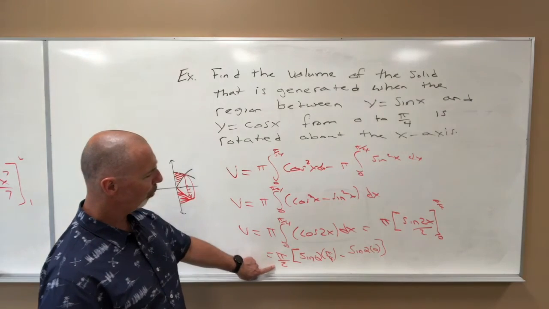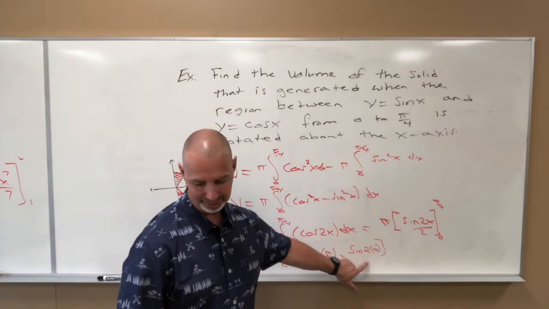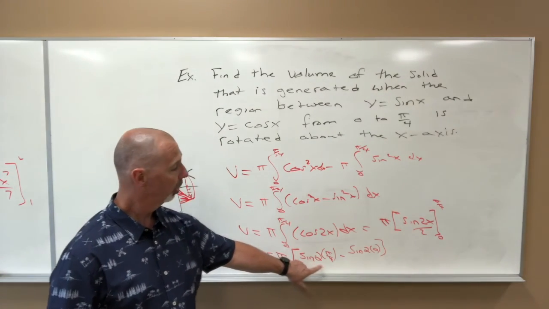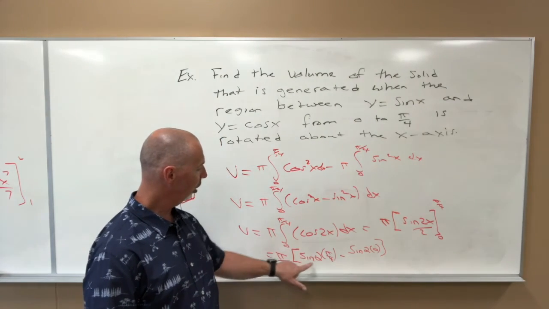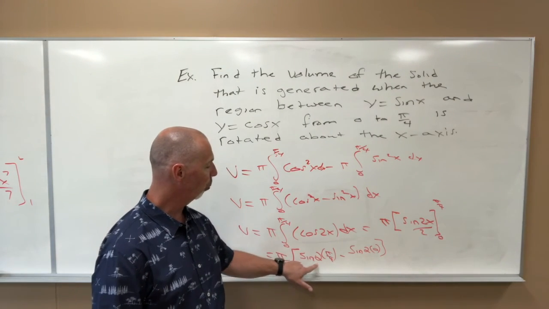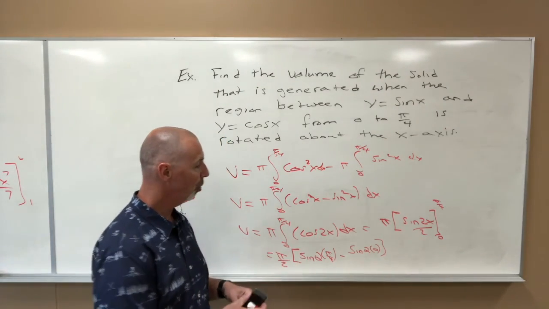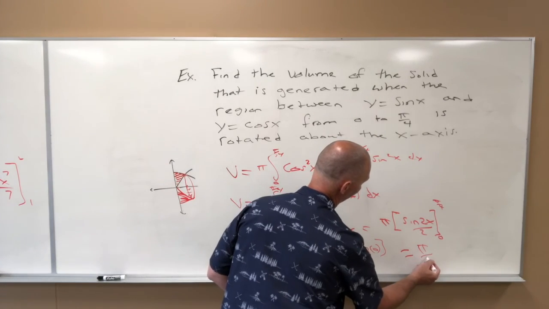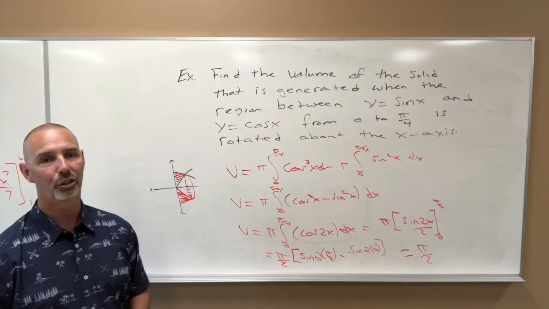So you've got pi over 2 times the sine of pi over 2 minus the sine of 0. The sine of pi over 2 is 1. The sine of 0 is 0. And so inside the square brackets, we've got 1 minus 0, which is 1, times pi over 2. And so the volume equals pi over 2.